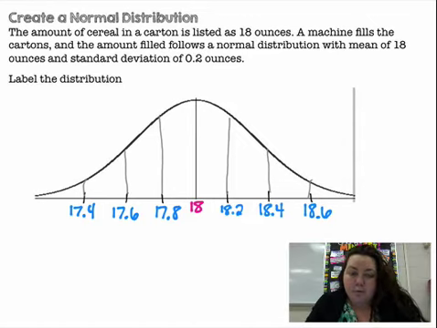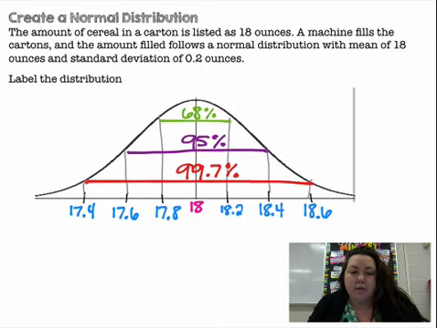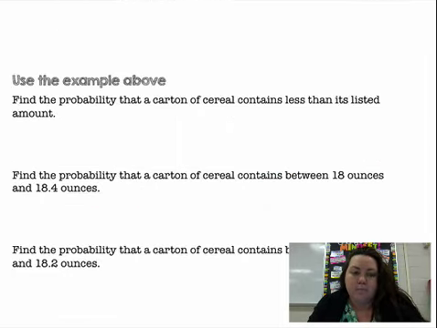Alright, so I have my normal distribution, and I drew my lines up for each standard deviation to block it off. If I go from 17.8 to 18.2, 68% of my data falls within that window. If I go from 17.6 to 18.4, 95% of my data falls within that window. And if I go from 17.4 to 18.6, 99.7% of my data falls within that window.